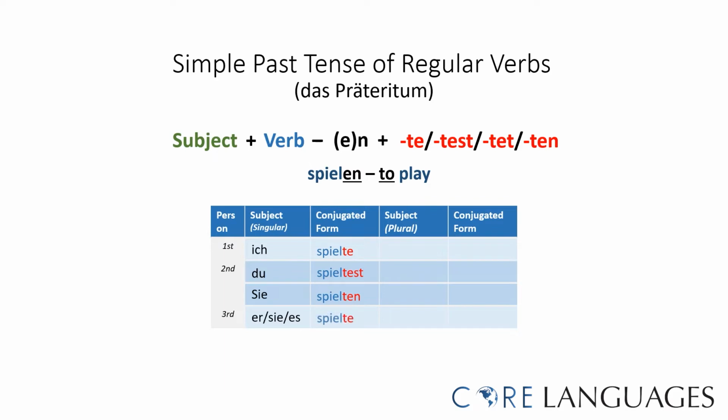Er, sie, es spielte. He, she, it played. Wir spielten. We played. Ihr spieltet. You played. Sie spielten. You, sirs, or you, ma'ams, played. And sie spielten. They played.